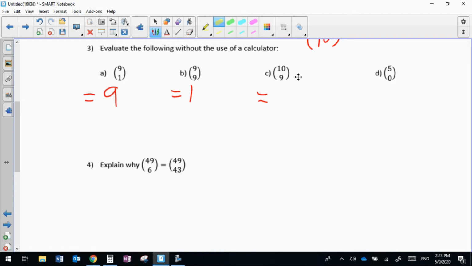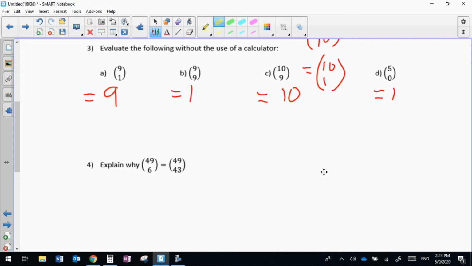Since there's 10 people, there's 10 different groups. This is actually the same as 10 choose 1. 5 choose 0. This is defined as 1. Okay, there's only one way to choose no one out of a group of 5, and that's the null set, which gives you an answer of 1.